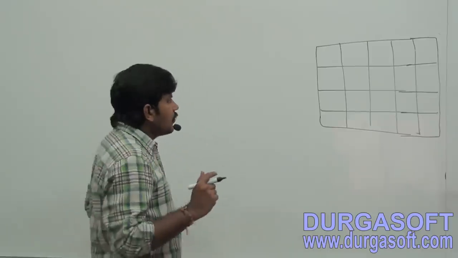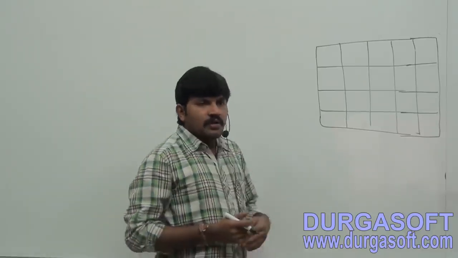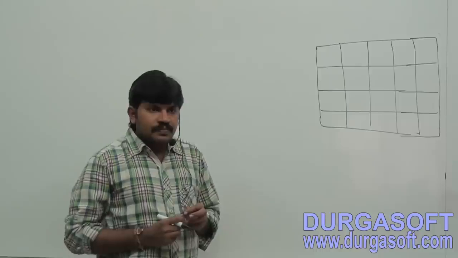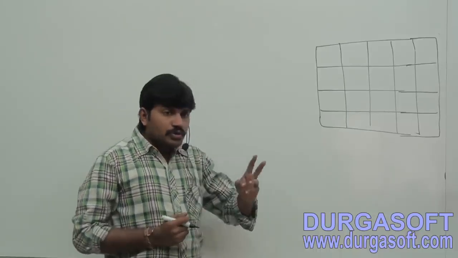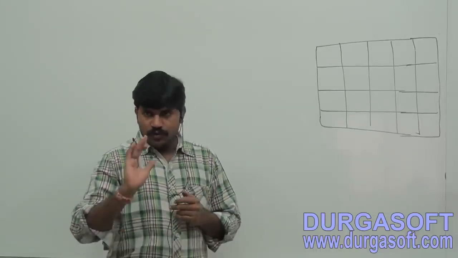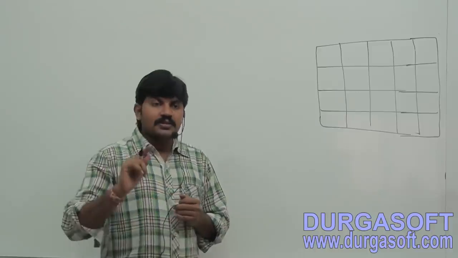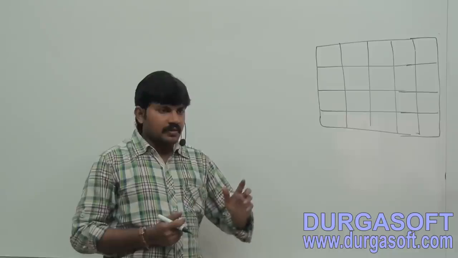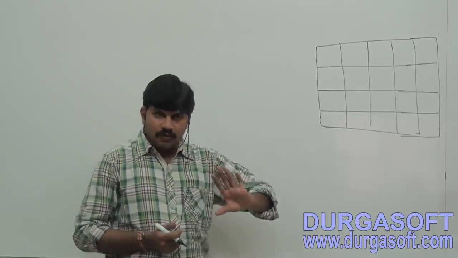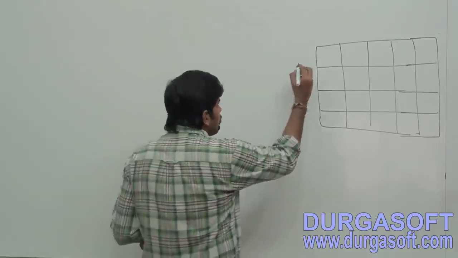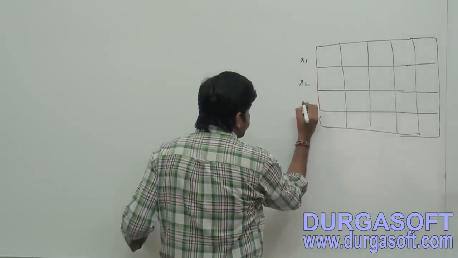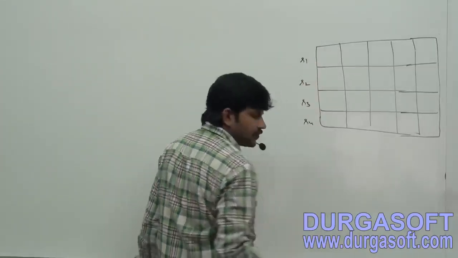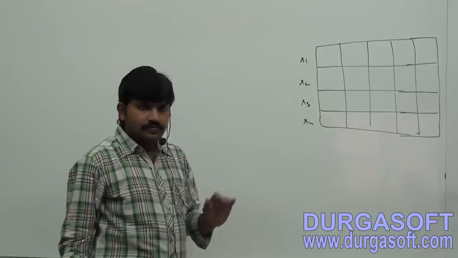Now suppose I want to represent four students' supplementary marks. Supplementary, you know, right? Not main, not regular. First student, second student, third student, fourth student: S1, S2, S3, S4.